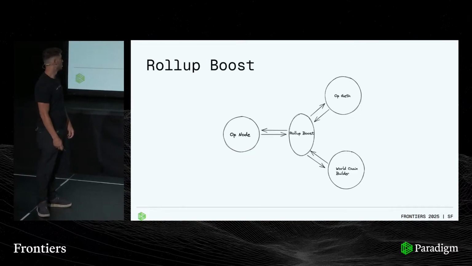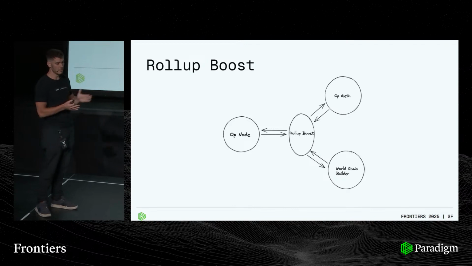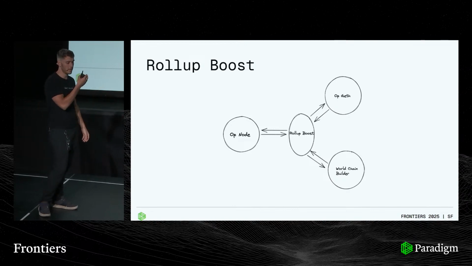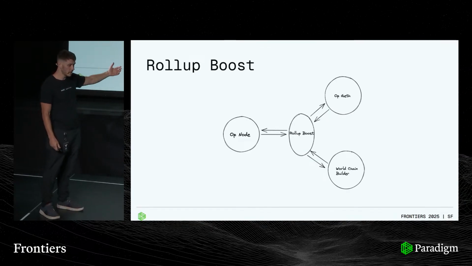Cool. So rollup boost. This is a very oversimplified diagram, but this is the basic flow. All consensus messages from OP node flow through rollup boost, and then we split those messages between OP-geth and our block builder. OP node is going to tell rollup boost to build a block.